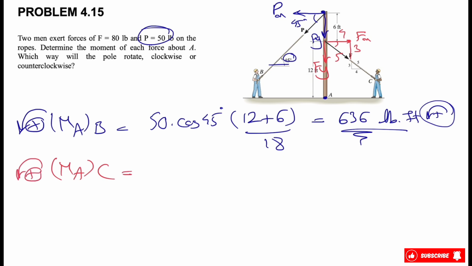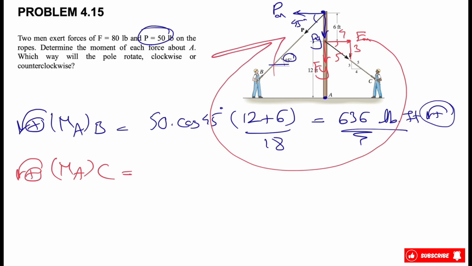And this time, as we can see, again, there is no moment for the Fy, and we only have the moment of Fx, and we can see that the moment will be in this direction, which is clockwise. So we have a negative sign in here, and the force will be the 80-pound force, which is what we have for F. And the angle, if we consider this angle that I'm showing in here, we will have for Fx the cosine of that angle, which is 4 divided by the hypotenuse, which is 5.